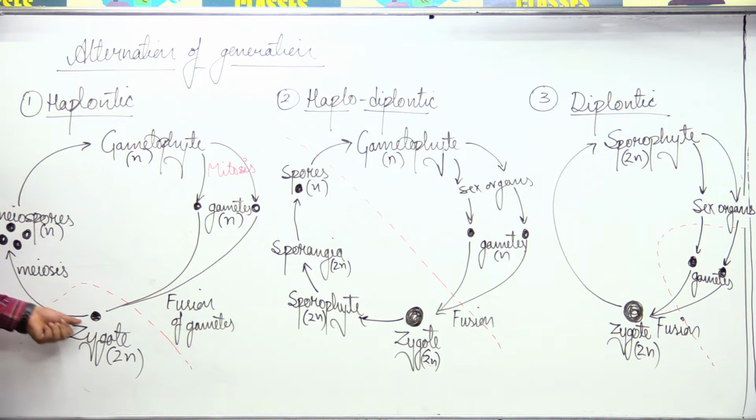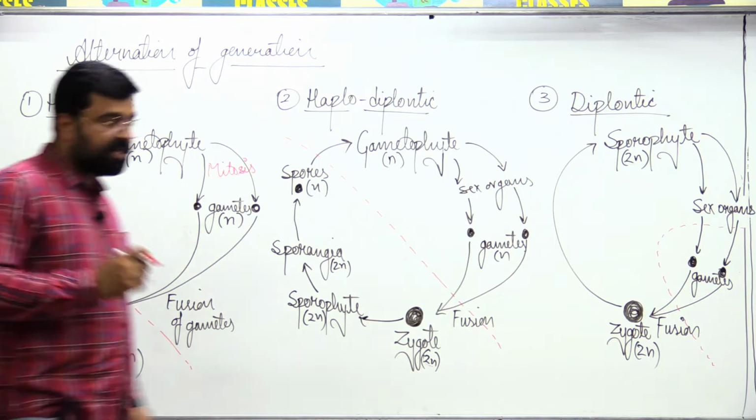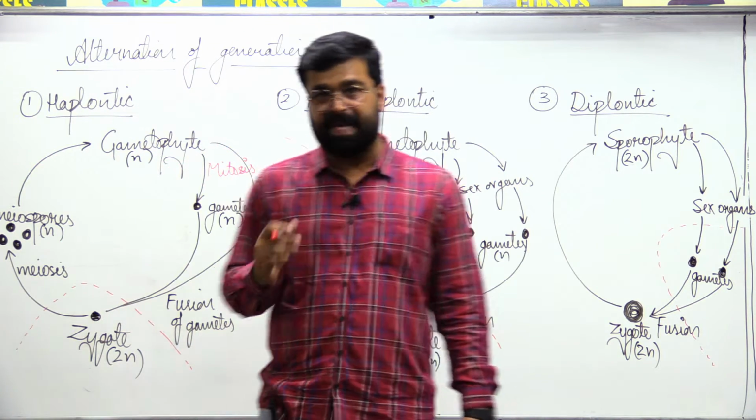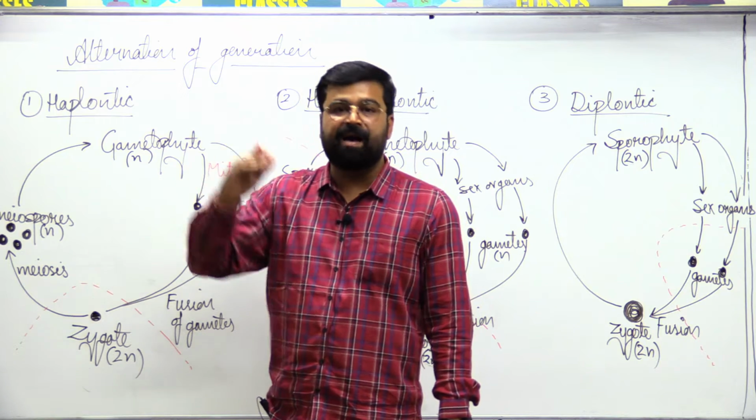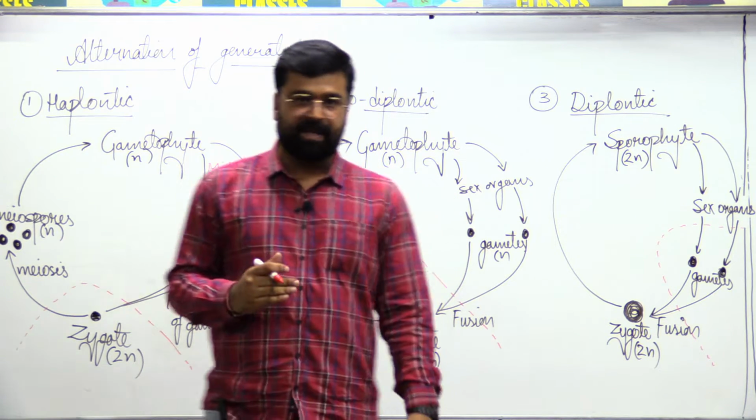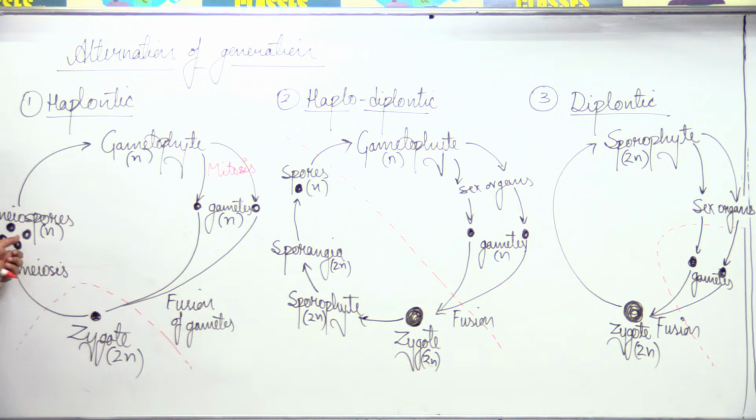We all know meiosis is reductional division. Reductional division means the ploidy of daughter cells will be half that of the parent.